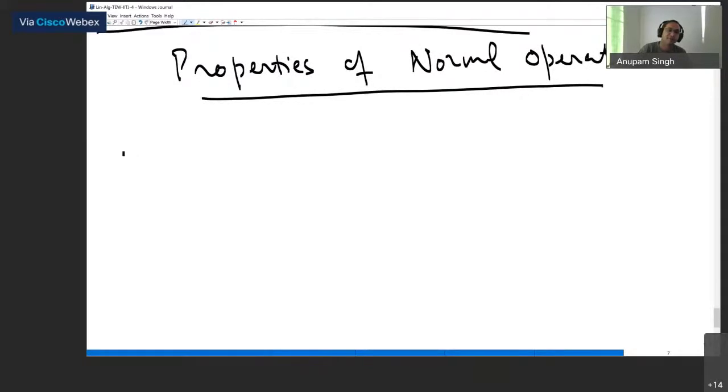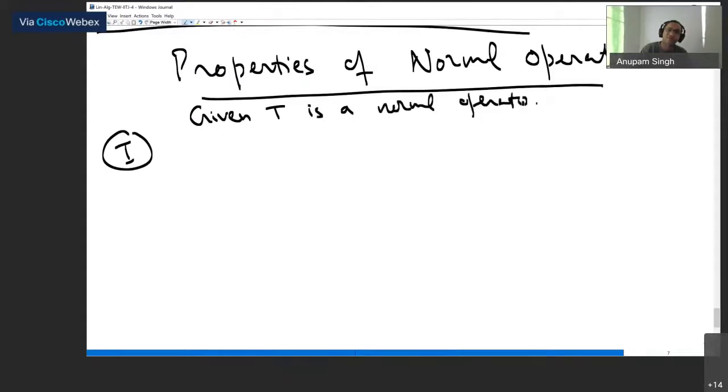So property number one, some easy property. What I am assuming is, given T is a normal operator. Okay, so in all these properties, I'm assuming T is a normal operator, and then I'm going to write the property further.